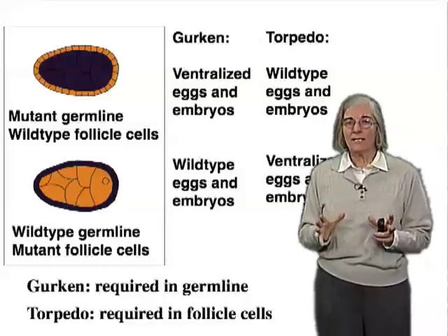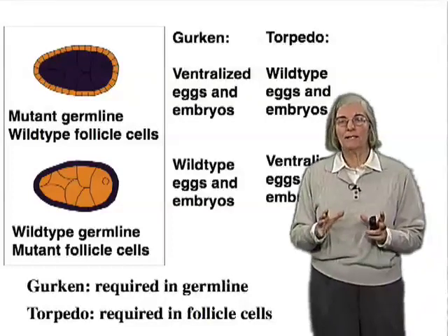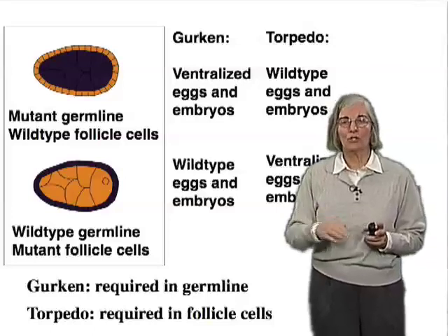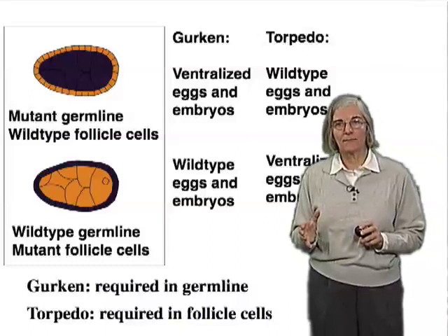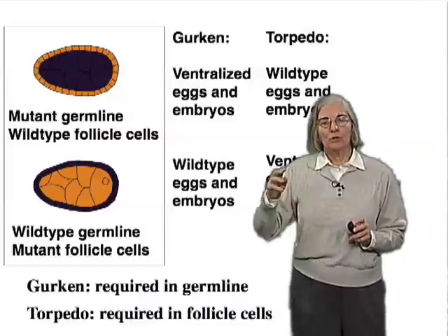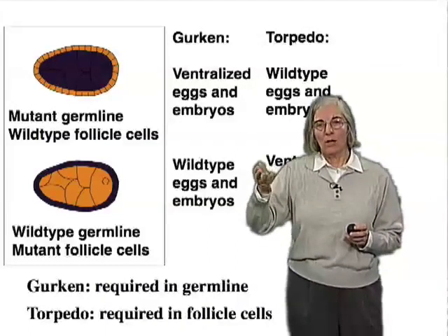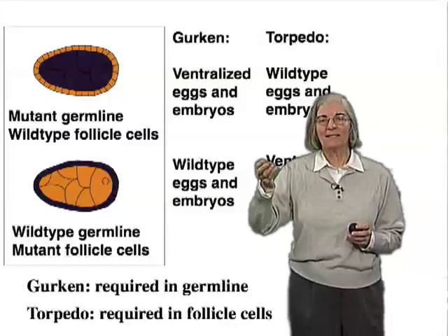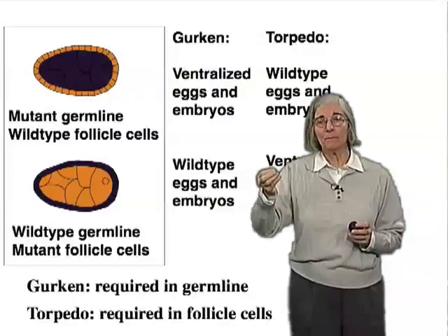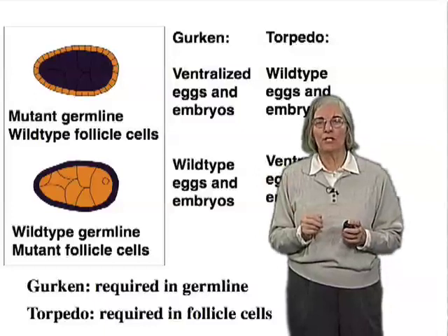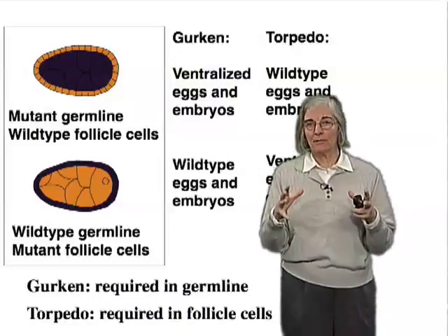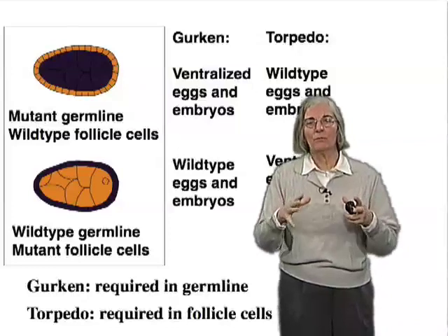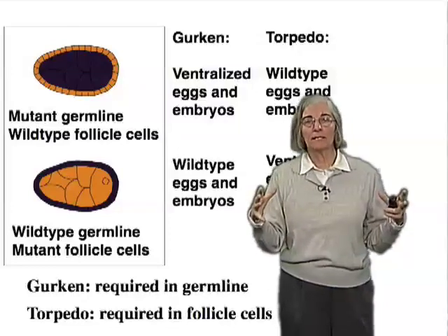This suggested that there would be some sort of communication going on between the germline and the follicle cells, because Gurken is obviously doing something in the wild-type germline that is important for pattern formation, but it's not only important for the embryo that forms inside the germline, it's also important for the surrounding follicle cells.